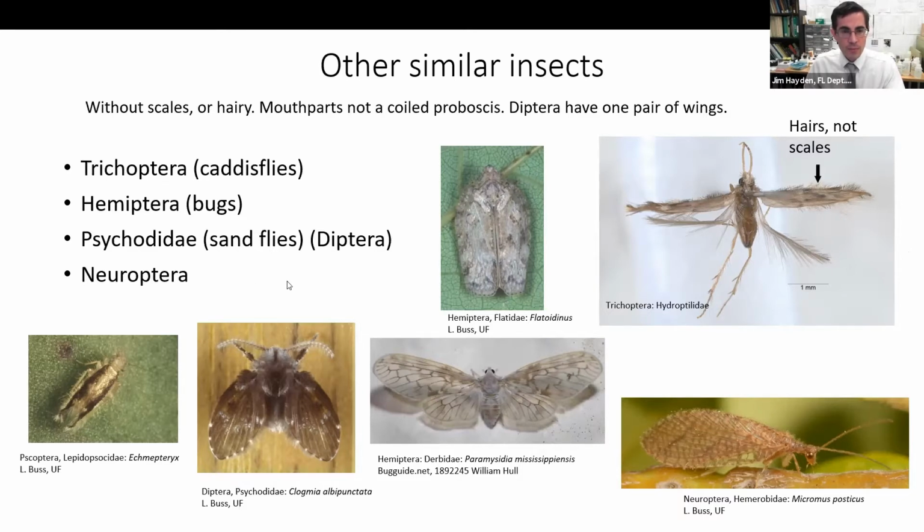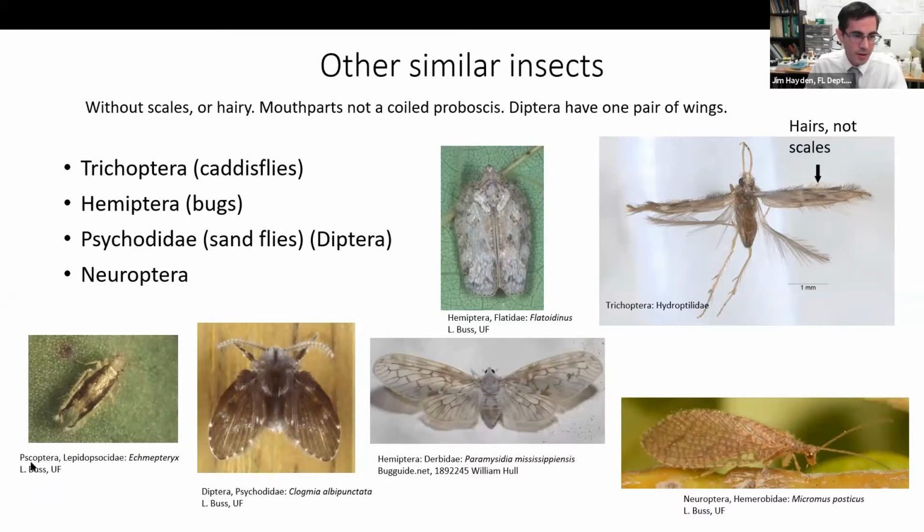Dipterans, that is to say flies, have only one pair of wings, not two pairs. The cecidomyiid here has only one pair of wings. These other things have two pairs, but they don't have the same characters. We're talking about Hemiptera, or there's one weird family of bark lice, Psocoptera.